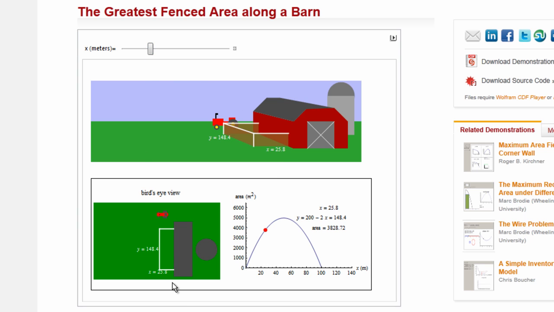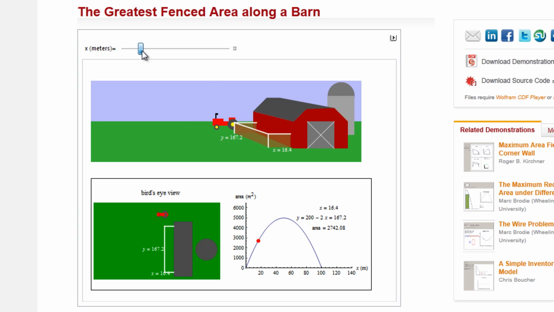And as you adjust the width of this, you have to sacrifice some length to the fence. You only have a certain amount of fence, basically 200 meters of fencing available. So if you add some width here, you'll steal from the length. So watch as I manipulate this. I'm adding to the width, so I have to steal from the length. And you can see what happens with the picture, and you can also see this graph right here represents the area.